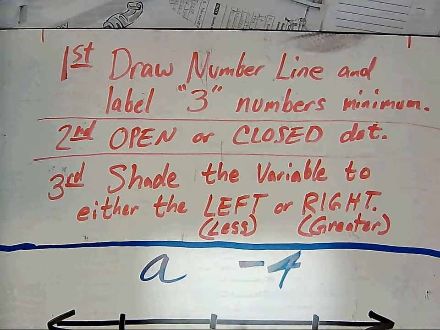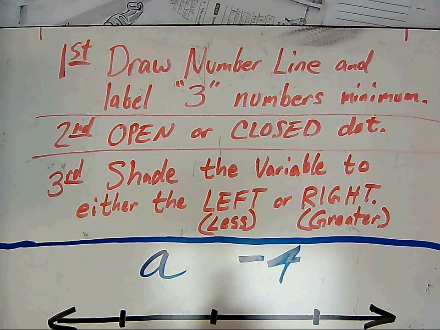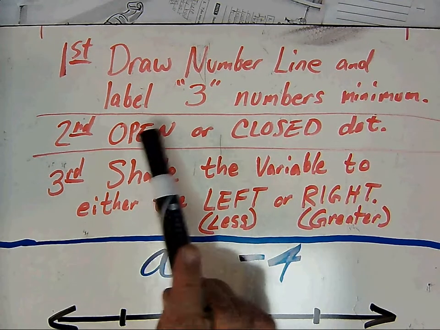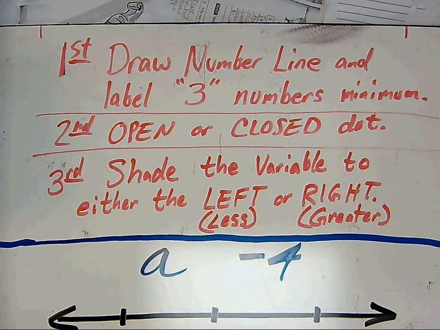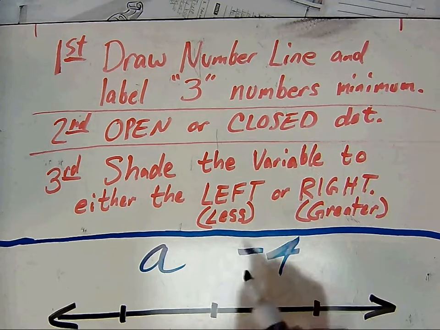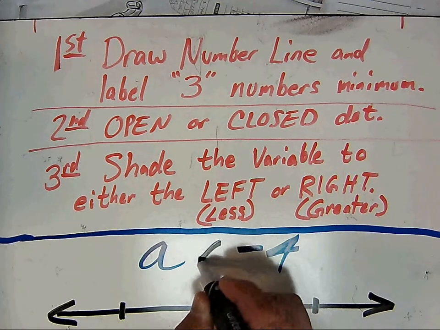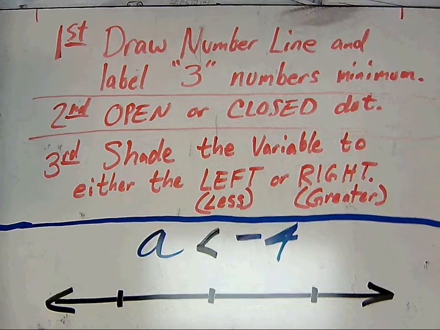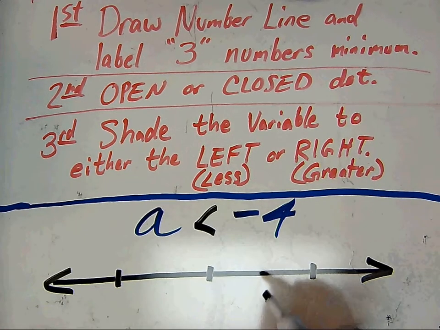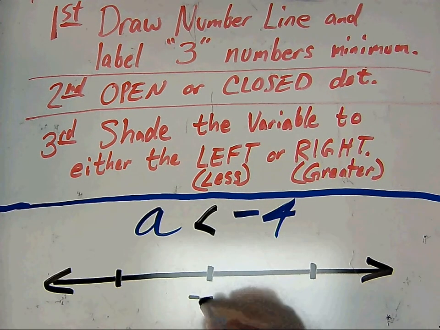Then, second, after you solve the inequality, you have to decide if you're going to put an open or a closed dot. So for instance, let's say we solve this inequality and we find out that a is less than negative 4. First we're going to draw a number line and label negative 4 there.